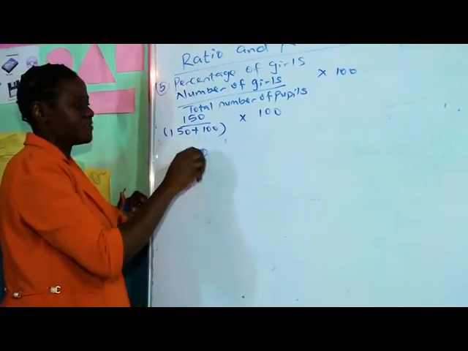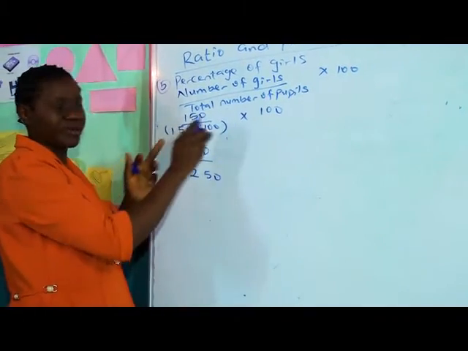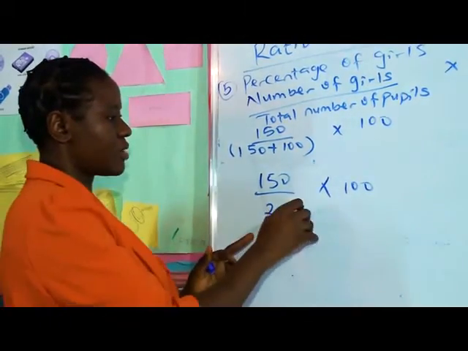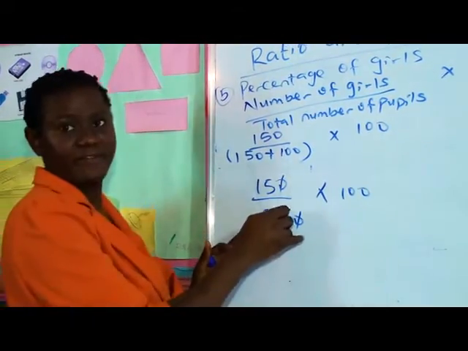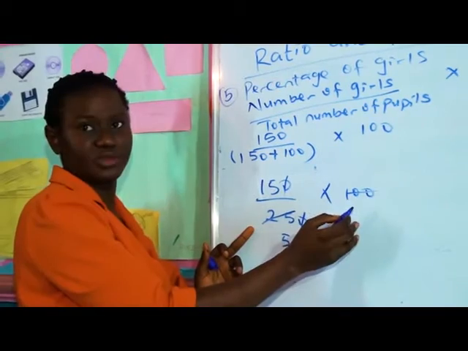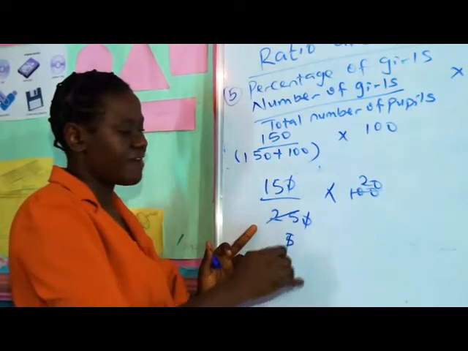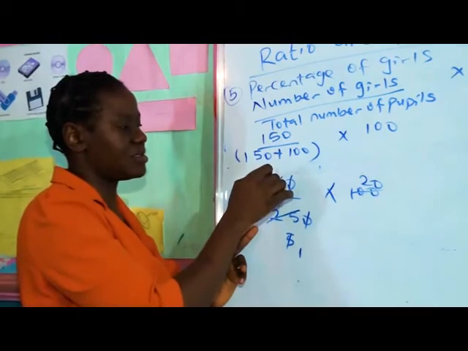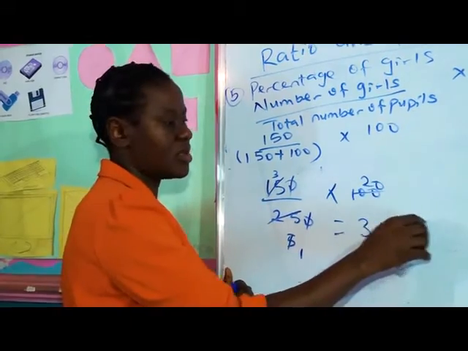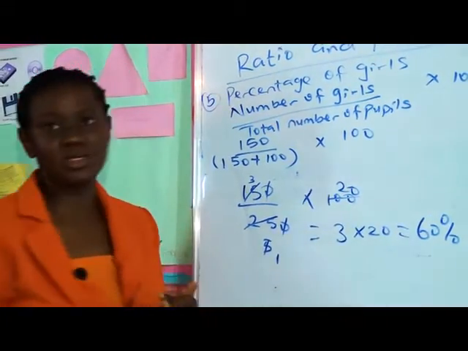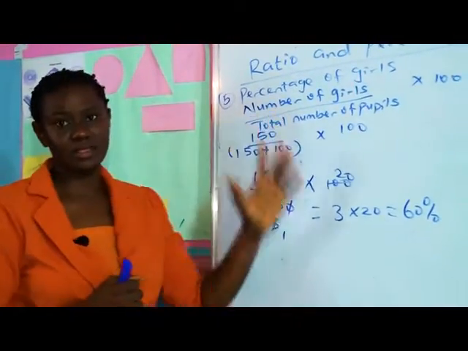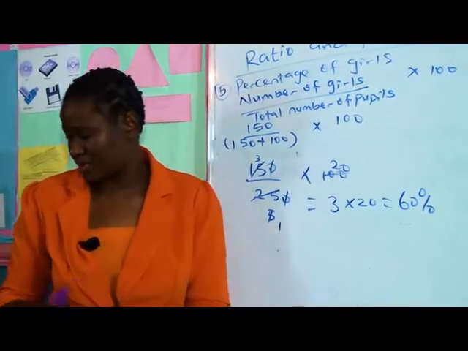This becomes 150 all over 250 times 100. 0 crosses out 0 here. 5 could divide 25 to give us 5, and 5 divides 100 to give us 20. 5 crosses out 5 here, and 5 crosses out 15 to give us 3. So what we are left with is 3 times 20, which is 60%. So the percentage of girls in the school is 60%.